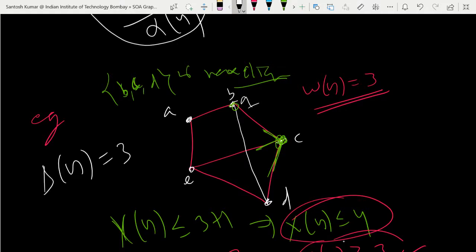Okay, like 1, 2, 3. You can try one here. A can be given which color? 2.